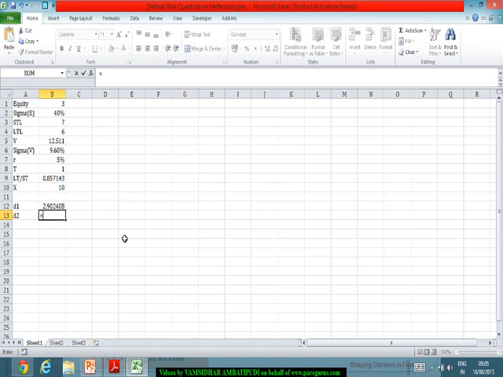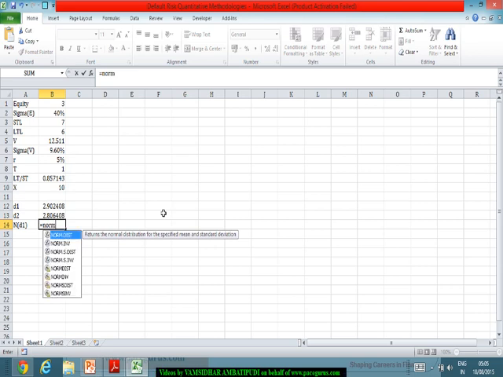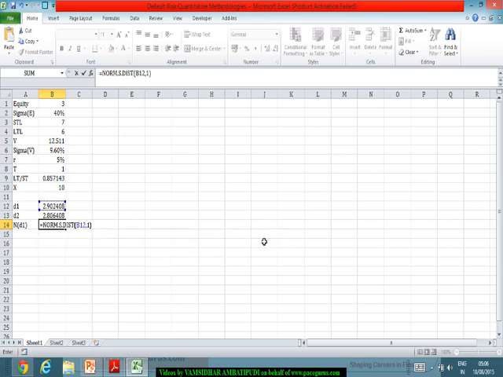D2 comes out as D1 minus sigma square root of T. Then I'll compute my N(D1), which is the normal distribution value associated with D1, and then I can compute N(D2) also using a similar kind of formula.